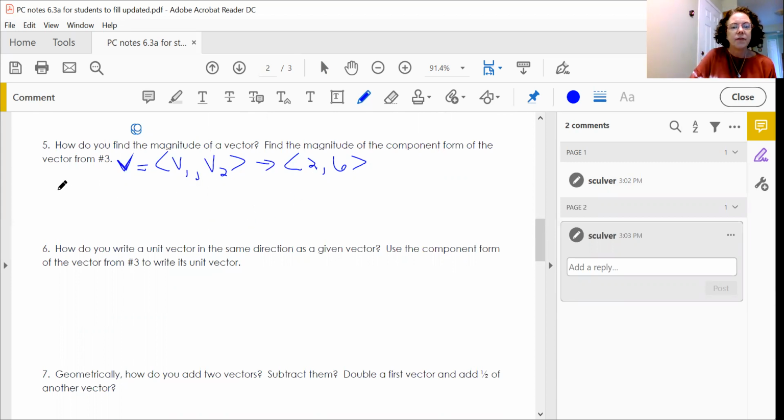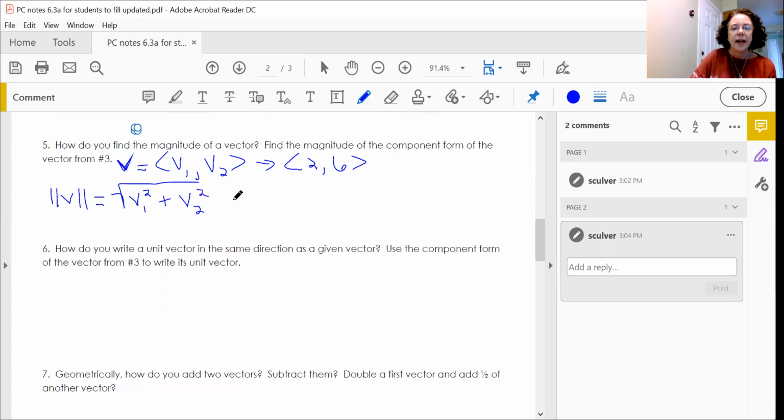So in other words, to find the magnitude of vector v, the way we show that is with double lines around the v. That means the magnitude is the square root of the horizontal component squared plus the vertical component squared.